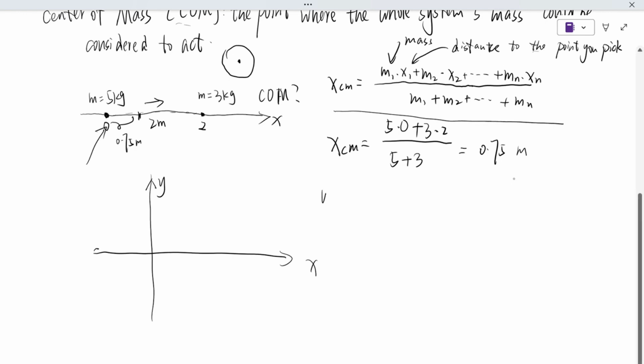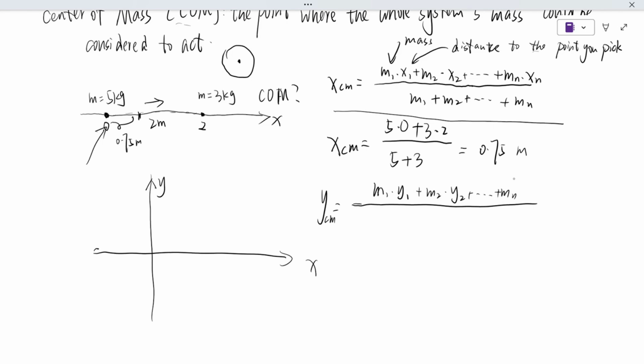For the y-axis, it's basically the same. Y center of mass is equal to m1 times y1 plus m2 times y2 plus and so on, plus mn times yn, over m1 plus m2 plus and so on, plus mn.